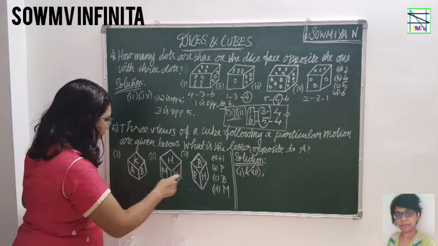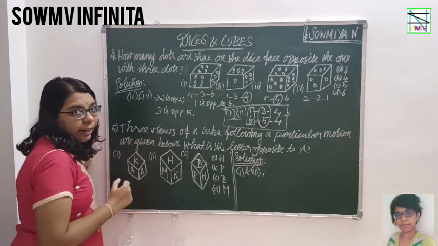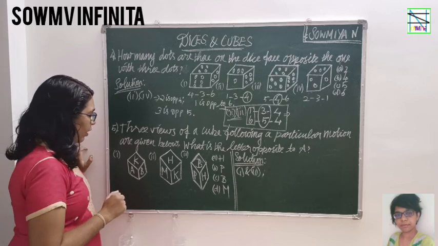So B is changed. B is in a clockwise or anti-clockwise direction to show the values.